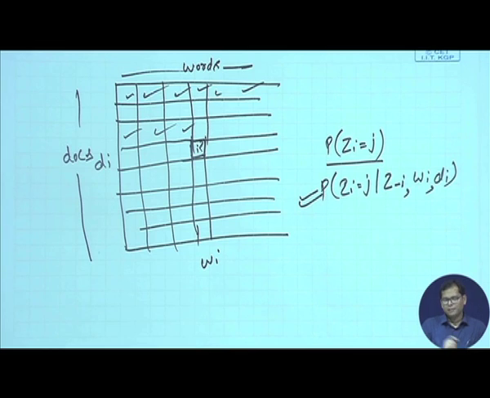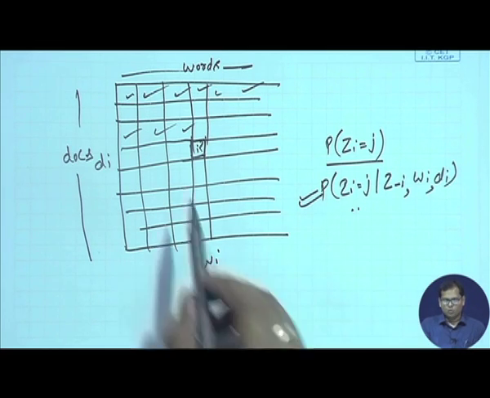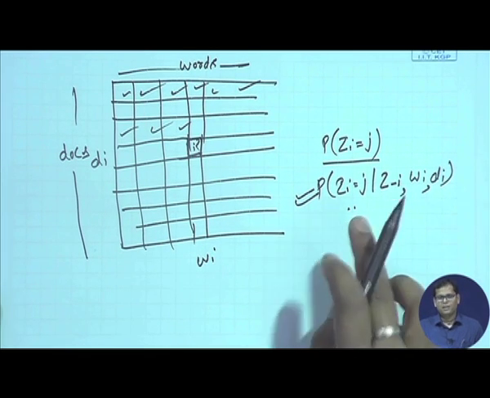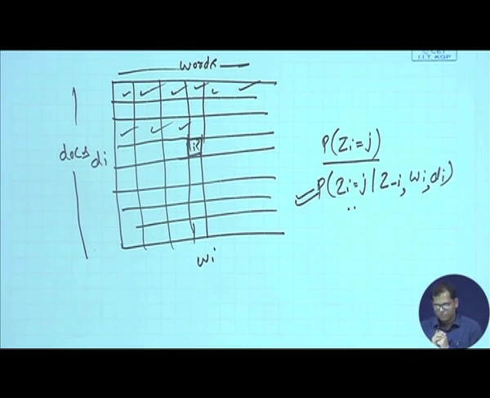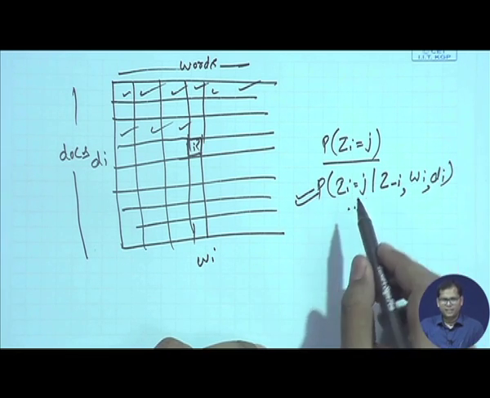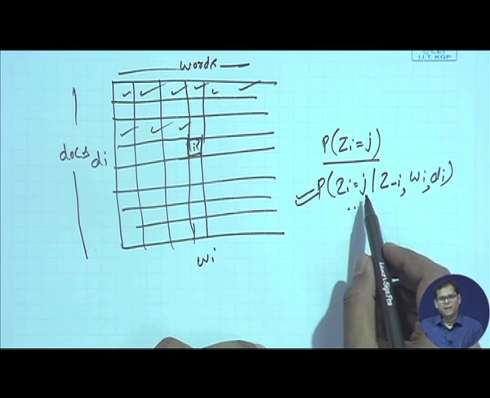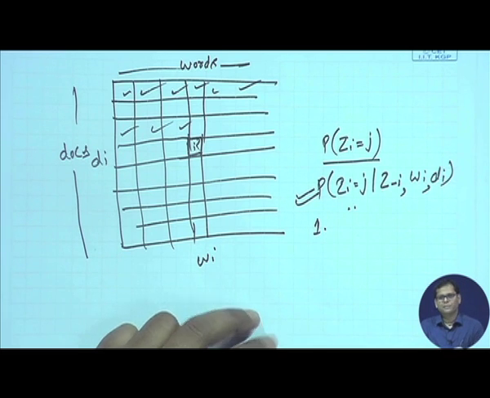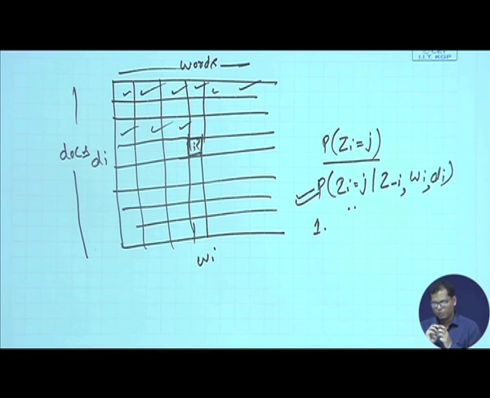Now intuitively, what should it depend on? What is the probability that this ith token will be assigned a topic j? If you think in terms of topic models, this probability that the ith word should be assigned topic j should depend on two things. One is, we say that a document consists of certain topics. So if this topic is prevalent in the document, there might be a high chance that this word is assigned this topic j.